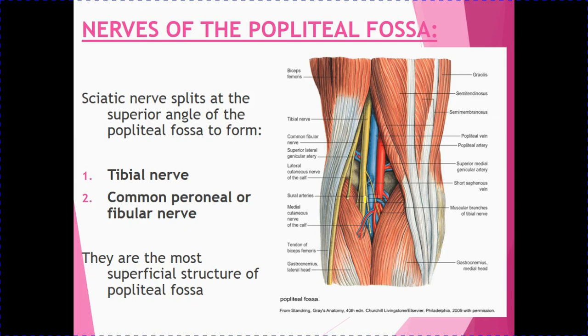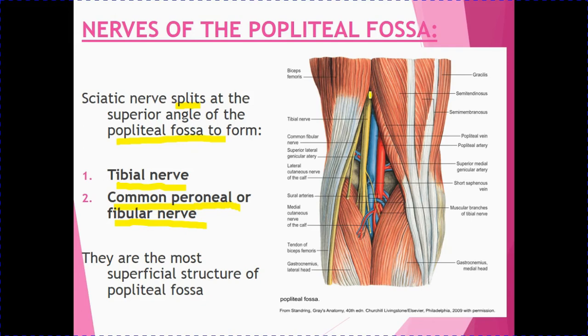The nerves of the popliteal fossa. Now this is the sciatic nerve, the main nerve of the posterior compartment of the thigh. The sciatic nerve splits at the superior angle of the popliteal fossa to form the tibial nerve and the common peroneal or fibular nerve.